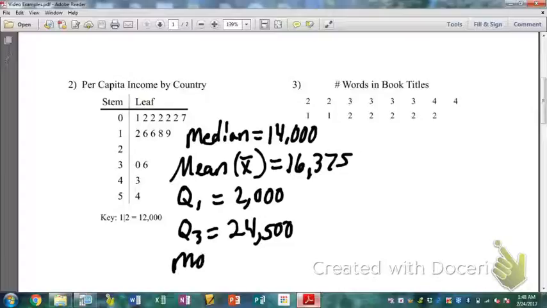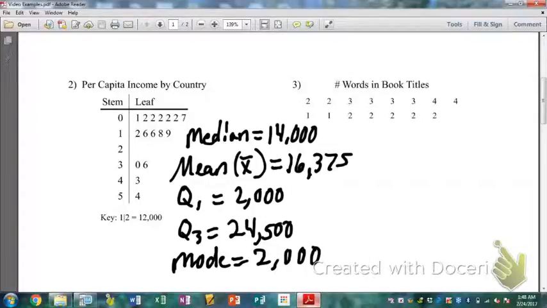And it doesn't really matter what order you write these in, but mode is the number that appears most often. On a stem and leaf plot, it's real easy. Find a row and find the number that repeats the most often. So obviously here, that row, I've got a lot of 2's in it, and I don't have any other row with a number repeated that many times. So this one, where it's 2,000, is going to be my mode.